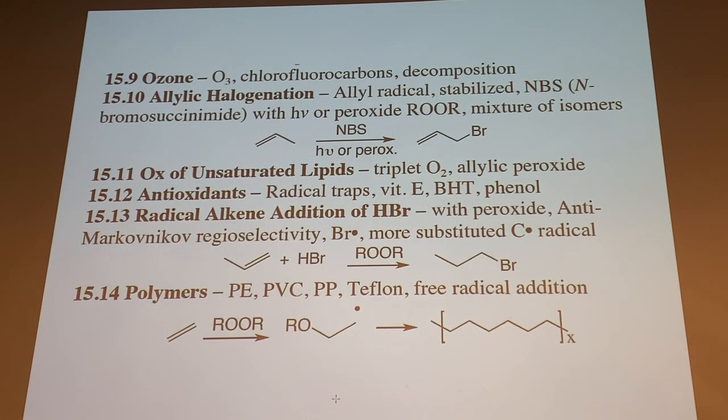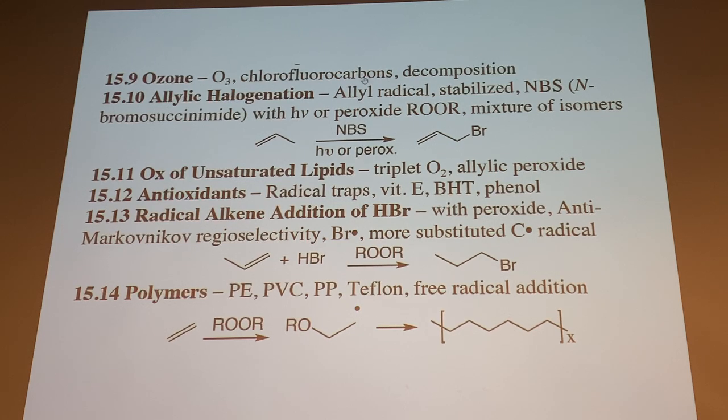All right, a couple other things to talk about in radical chemistry. Ozone, O3. We used ozone to cleave alkenes, remember, in chapter 12. Ozone is a radical degradation compound that will be dissipated in the presence of chlorofluorocarbons, which were used as refrigerants a lot of times.